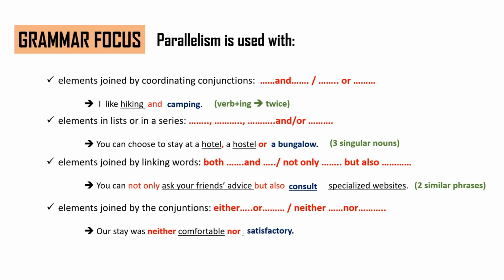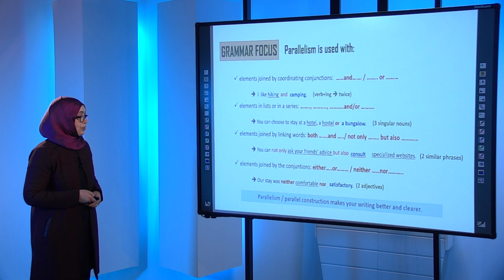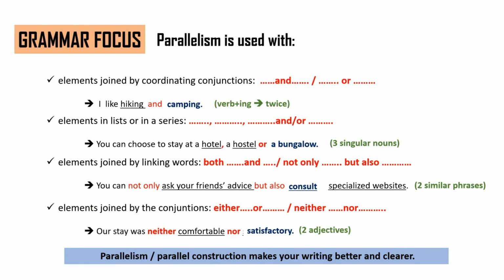Our stay was neither comfortable nor satisfactory. And hence, we have two adjectives. So my dear pupils, I advise you and I recommend highly to use and care for parallelism in your writing because it makes your writing better and clearer. Remark the parallel structure here, okay? Let's move on now.